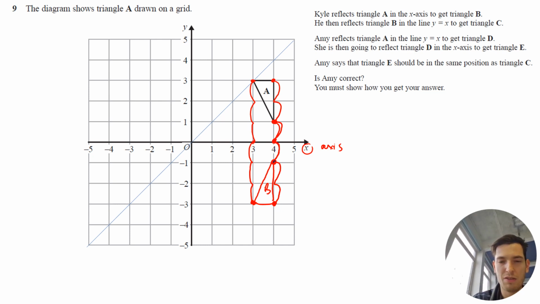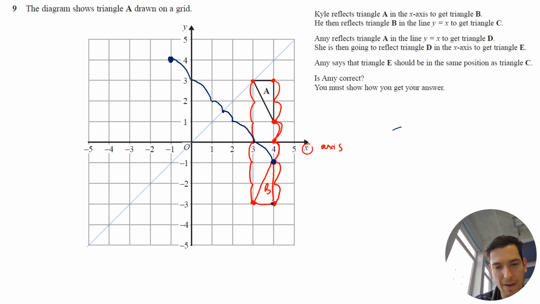So use a different colored pen. Let's take this point here, and I'm going to think, how many places do I need to move it to the line? Well, diagonally, I've got 1, 2, and a half. So I need to move it 2.5 away. There's the half, 1, and 2. Let's do the same thing for the other point.